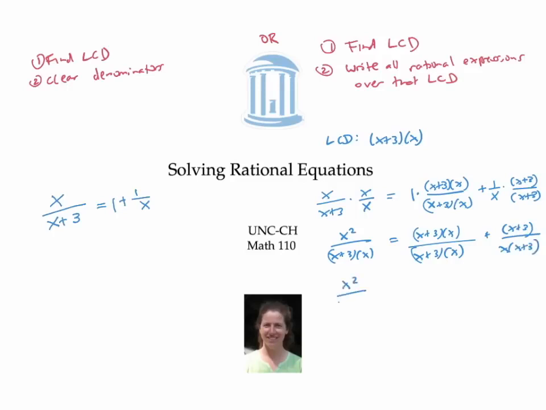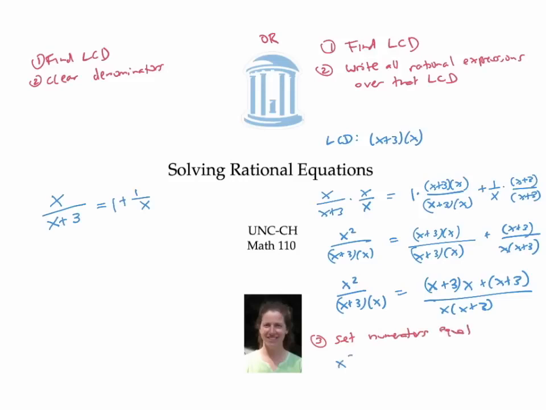Now I'll add together my fractions on the right side, so they have a common denominator. So this is x plus 3 times x plus 3. And now I have two fractions that are equal, that have the same denominator, therefore their numerators have to be equal also. So the next step is to set the numerators equal.